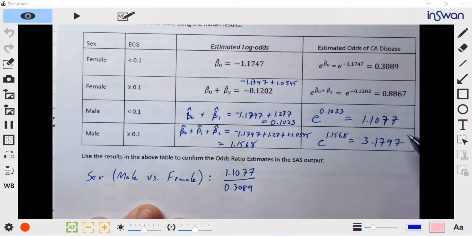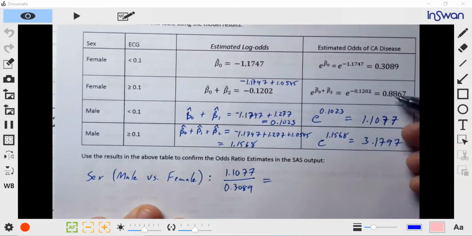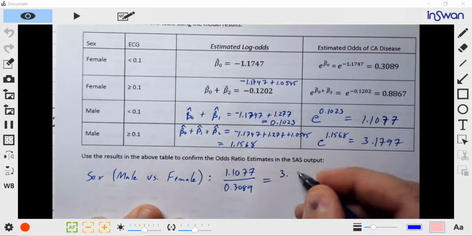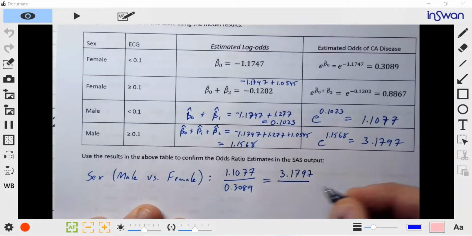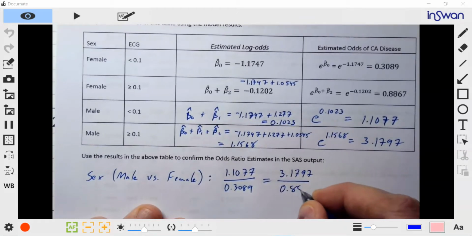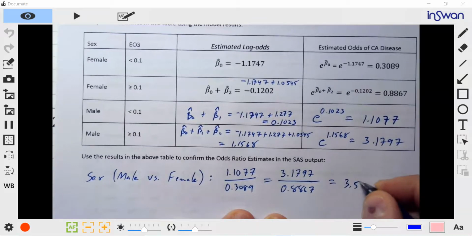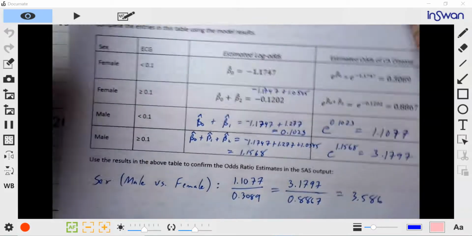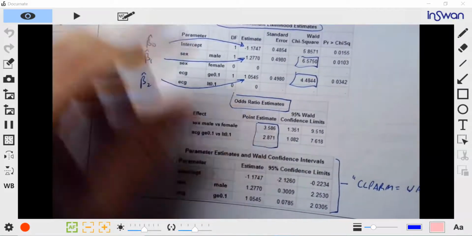We could also look at the odds ratio comparing males to females among those who have high ECG, and you'll find that it's the same ratio according to this model. That is an implicit assumption of this model, that the ratio stays the same. And you'll find that that's 3.586 if you do that calculation. And that's exactly what SAS told us it would be. Okay?